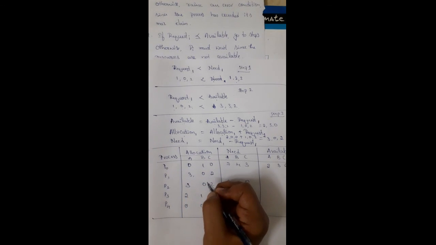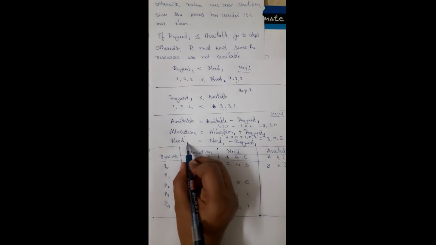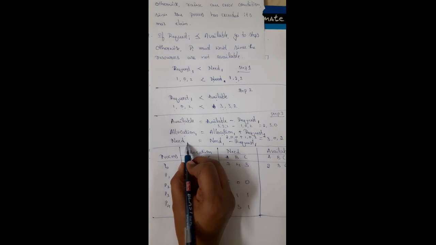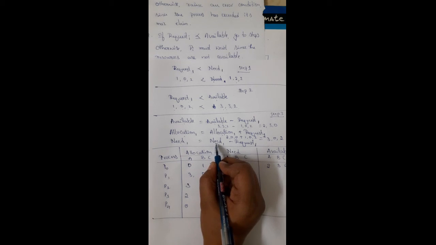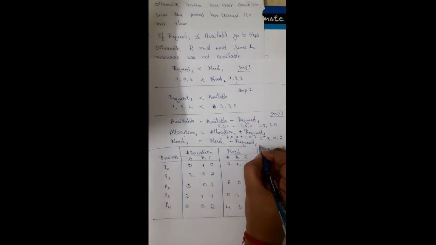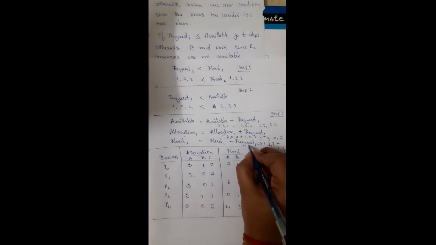Fine. Now, need. Need of which process? P1. What is the need of process 1? 1 2 2. I'm going to write it here. 1 2 2 minus request, which is 1 0 2.